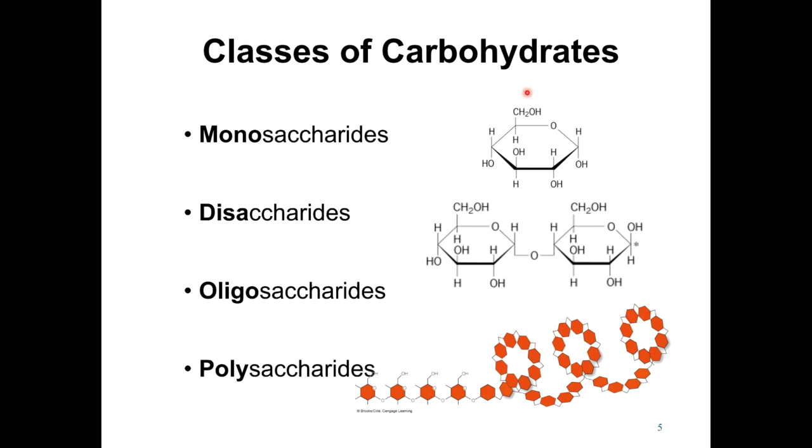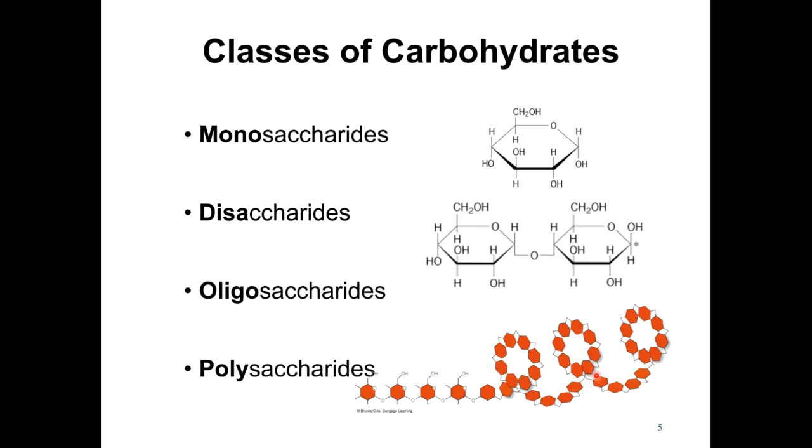If you have only one of them, we talk about monosaccharides. If you have two of them joined together, we're talking about disaccharides. If you have a few of them, from 3 to 10, I would say, you can talk about oligosaccharides. This number varies depending on the scientist you talk to, but just a few of them means oligosaccharides.